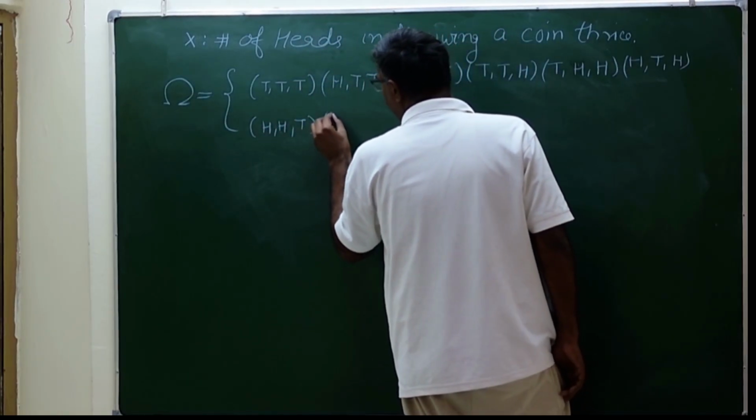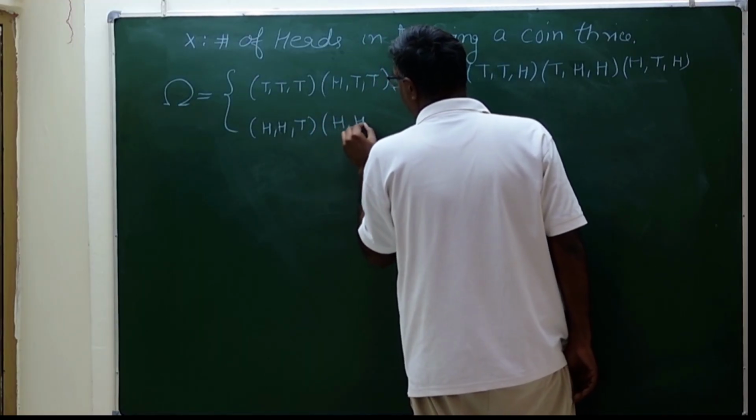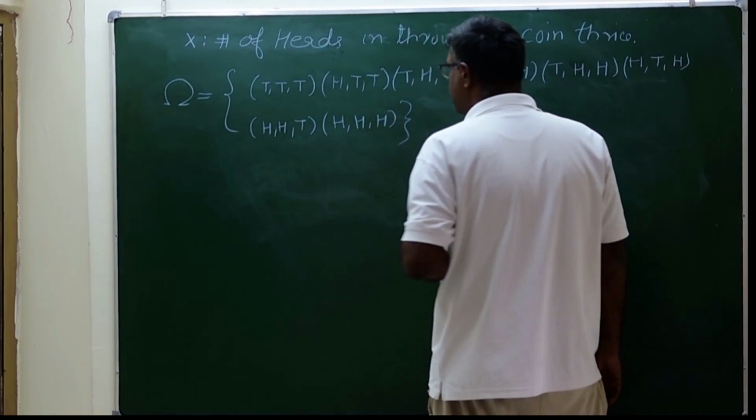Finally there will be only one possibility where all are heads. So this is our sample space.